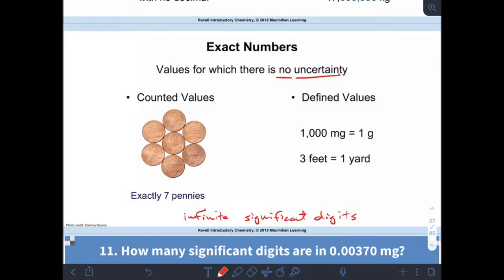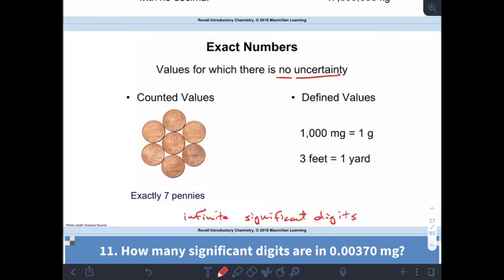Okay, so counting numbers, if you're counting the number of people in the room, or the number of cars in a parking lot, or the number of pens on your desk, or in the case that we'll get to later in the semester, the number of atoms in a piece of matter, or something like that. Counting numbers are exact.